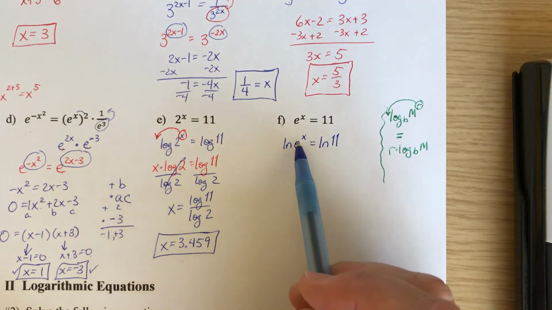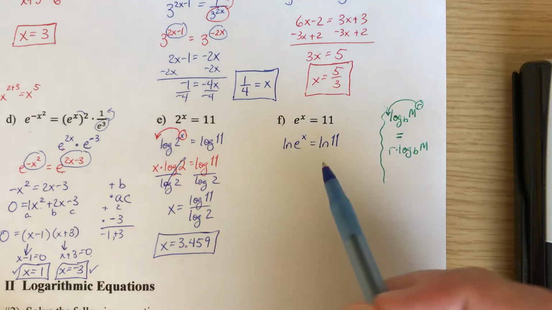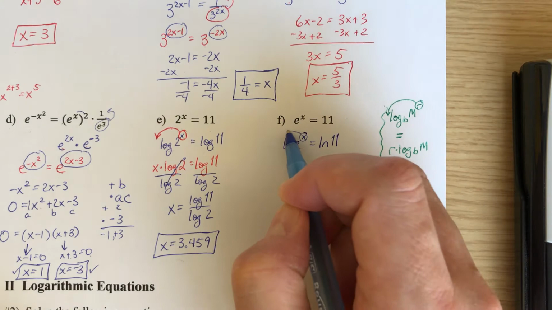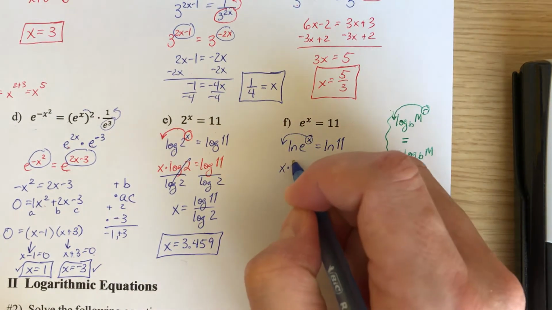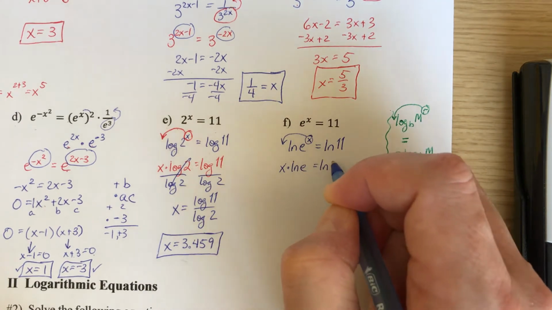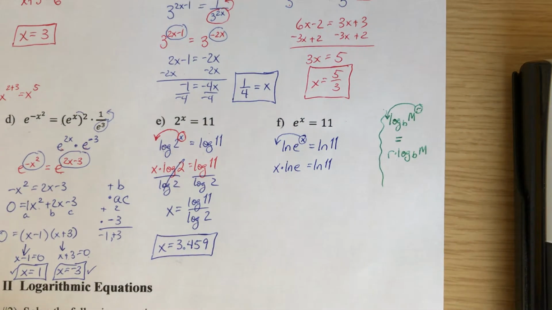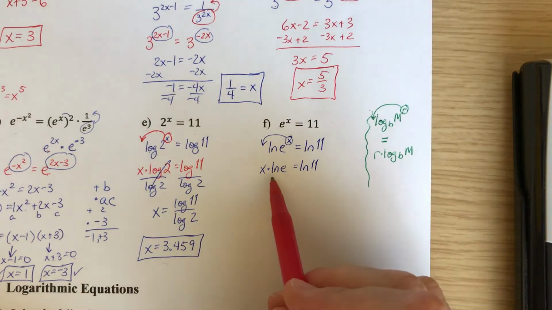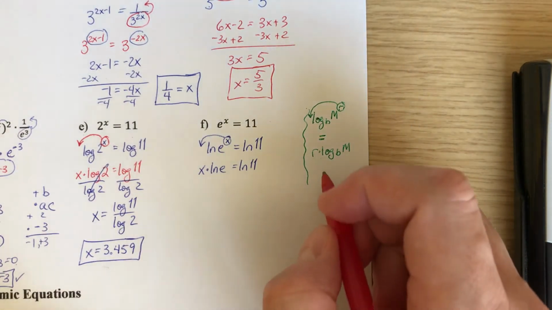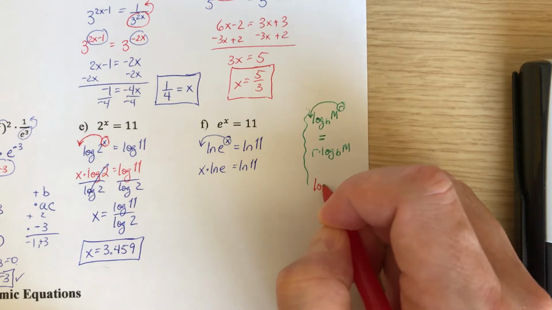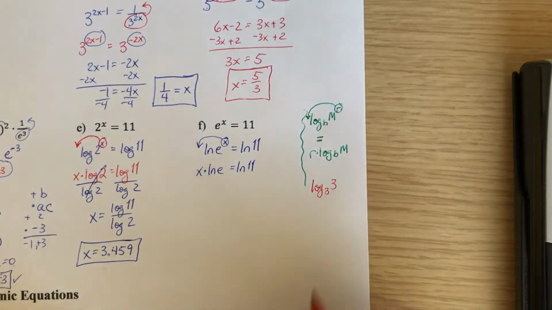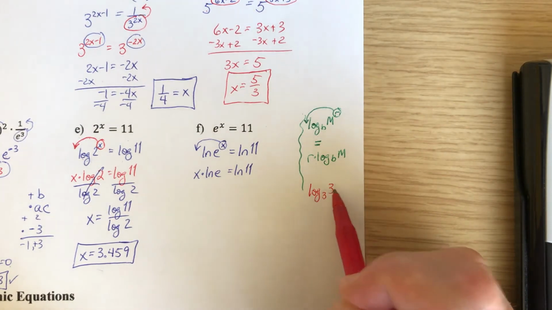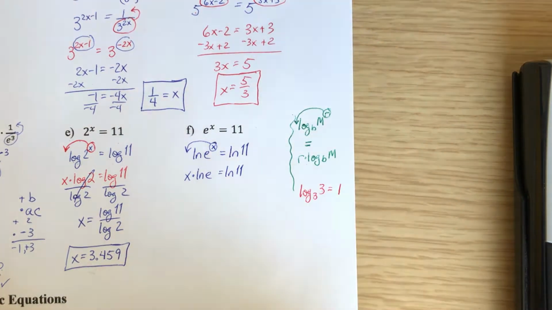Now, using our rule here, when you have a logarithm and then this value raised to an exponent, we can put the exponent out front, and what we get is x times the natural log of e equals the natural log of 11. But we can go even further here because we've already talked about there's a property that if you have, let's say, log base 3 of 3, if the base and this value are the same, then the answer is just 1.